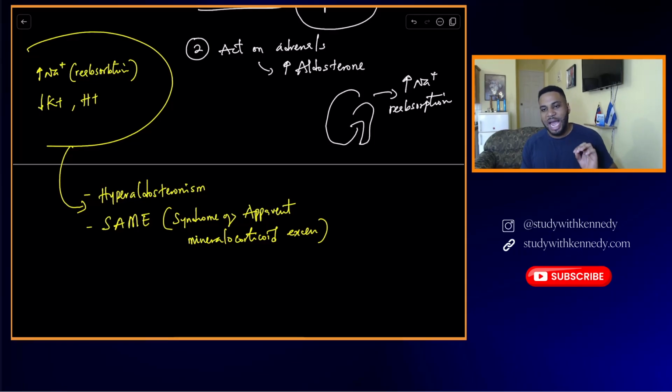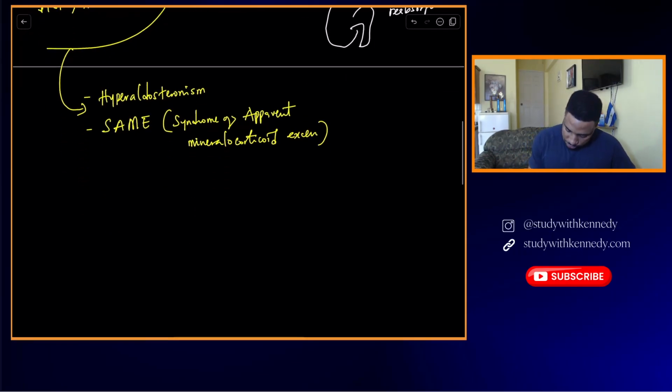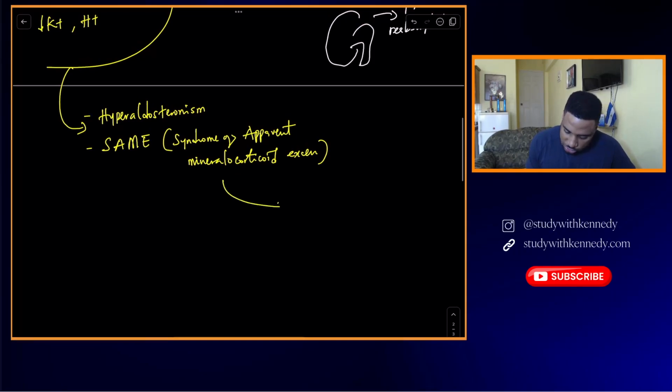whether in a person with hyperaldosteronism, whether primary hyperaldosteronism, Conn syndrome, or a tumor producing aldosterone, any cause of hyperaldosteronism at all, you're going to have excess aldosterone. Excess aldosterone means you're going to have excess reabsorption of sodium, which will lead to hypernatremia. Hypernatremia, because you're reabsorbing a lot of sodium.